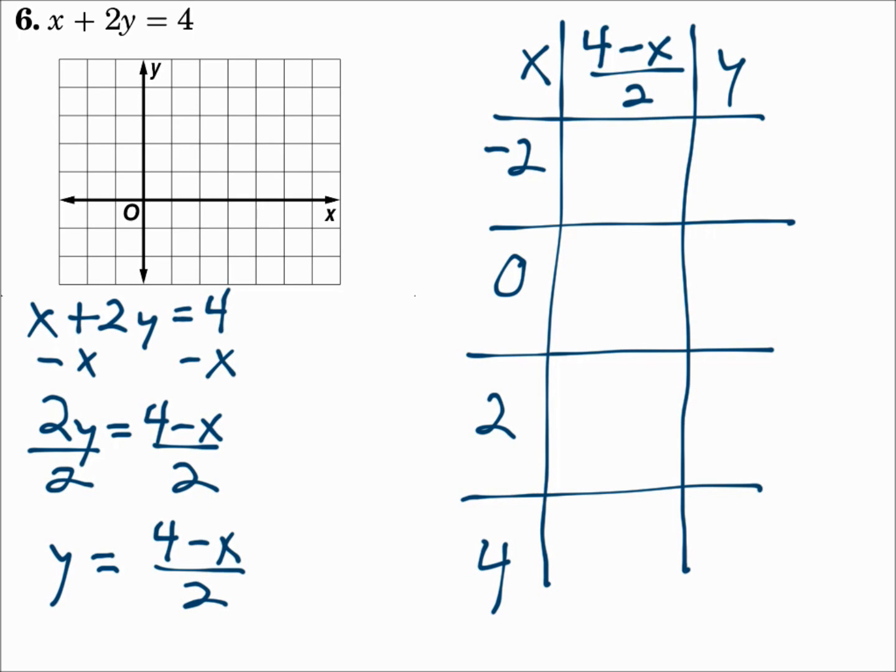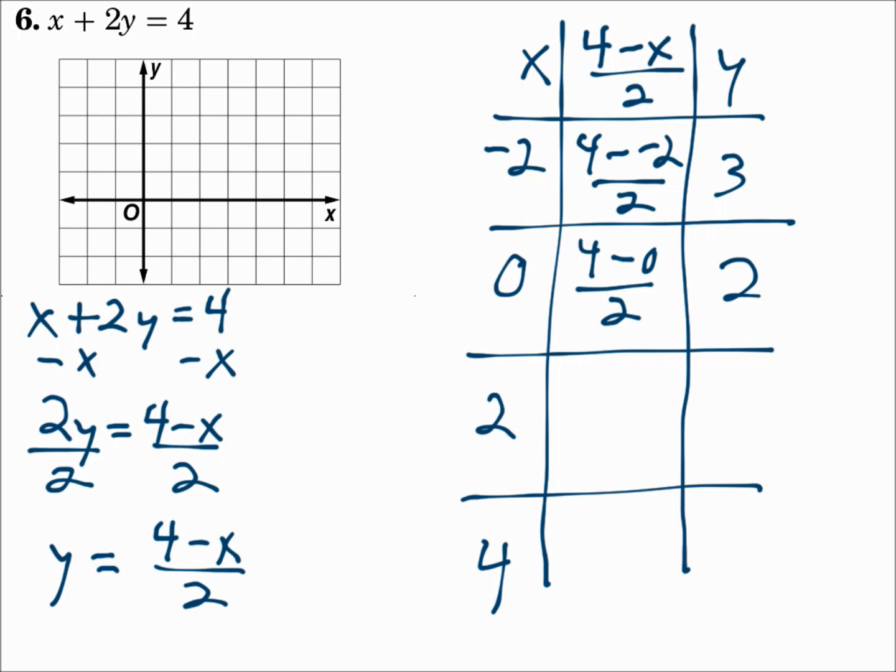Next, substitute the x values in. When x is negative 2, that's 4 minus negative 2 all over 2. 4 minus negative 2 is really 4 plus 2, which is 6. 6 divided by 2 is 3. When x is 0, 4 minus 0 all over 2. 4 minus 0 is 4, divided by 2 is 2.